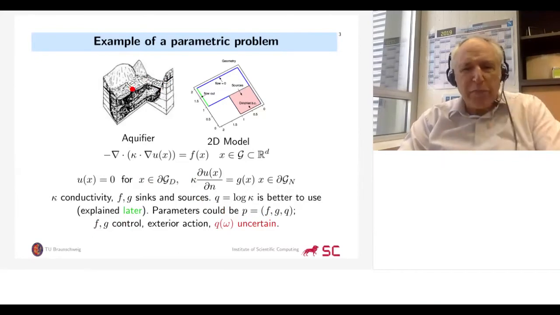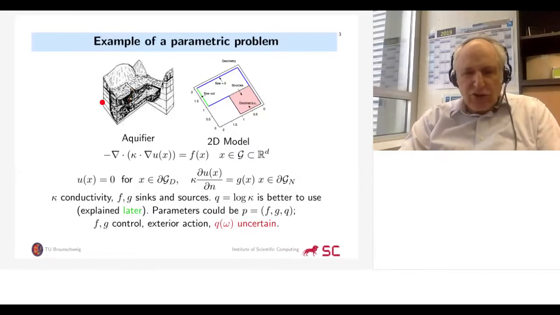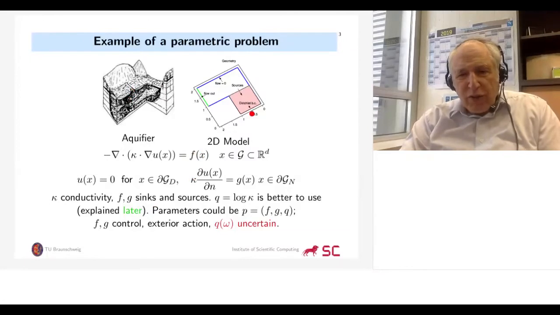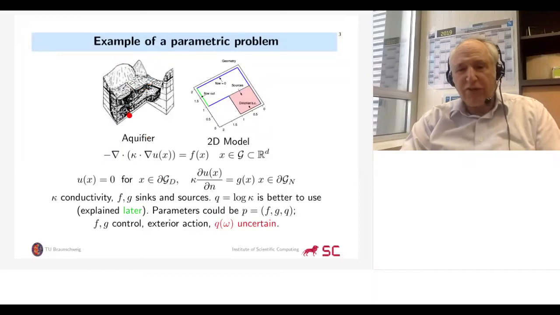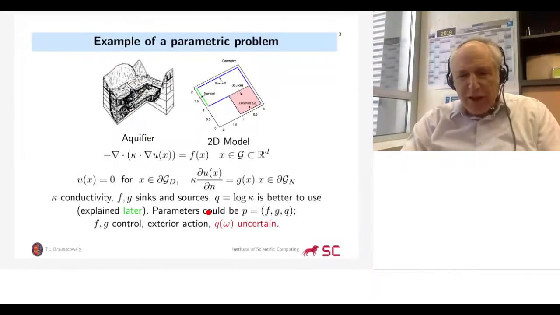So it may be a smaller piece of porous material, let's say a sponge or something like that. You can control the experiment. You can control how much you put in one side and things like this. But you still don't know the conductivity, for instance. Let's say you do this in a lab experiment. Some parameters may be controlled, some parameters may be uncertain. In a mathematical sense, they're all very similar.